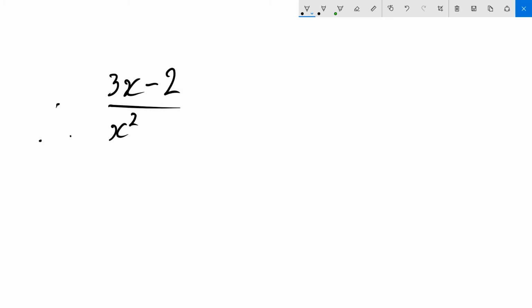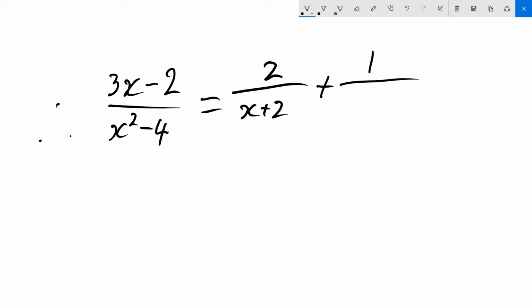X squared minus 4 is equal to our a value 2 divided by whatever we said it was right at the start, plus our b value 1 divided by whatever the denominator was down there. And there you have it. You've successfully split this fraction into 2 different fractions.